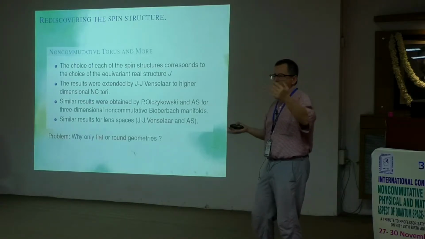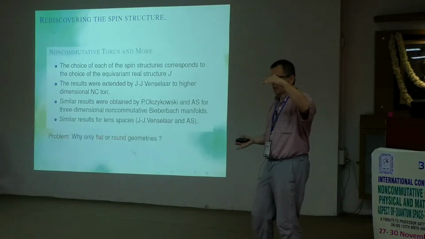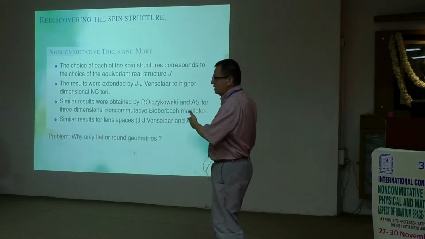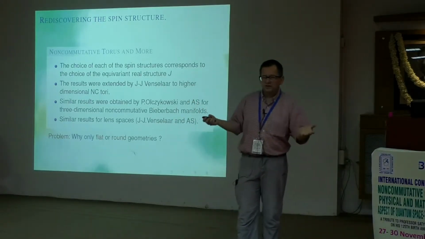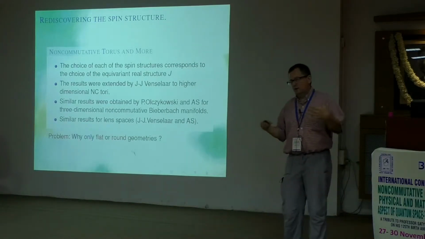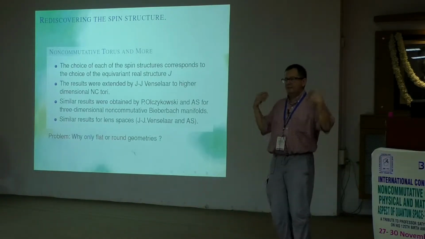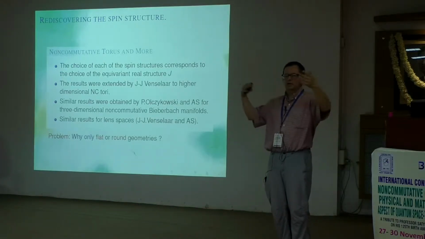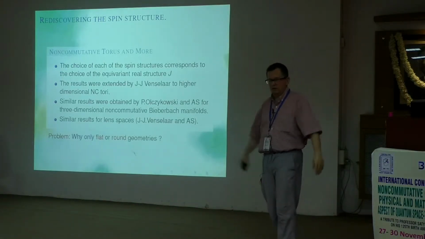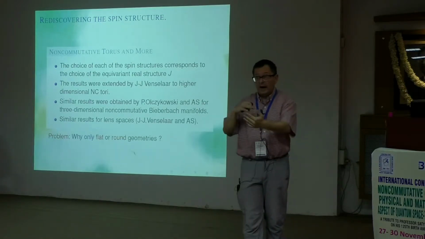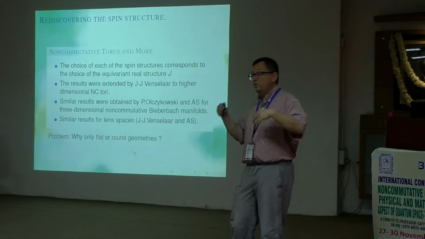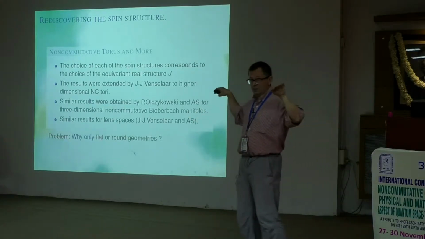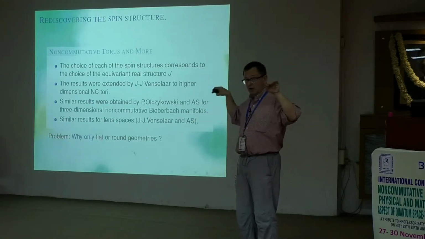Even the quotients are flat, because when you quotient a flat manifold, you get a flat manifold. And for the spheres, for the SUq(2), for these Podleś spheres, you work with things that are symmetric with respect to the deformation of the usual rotational, so SUq(2), symmetry. So they are either flat or round, so very, very symmetric. And those Dirac operators, those geometries that were constructed, were of this type.